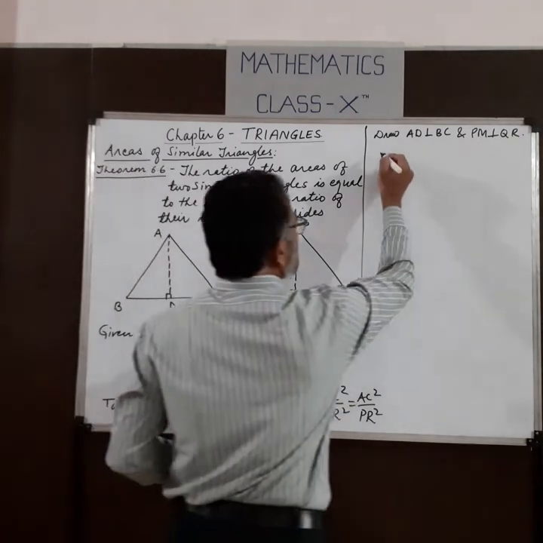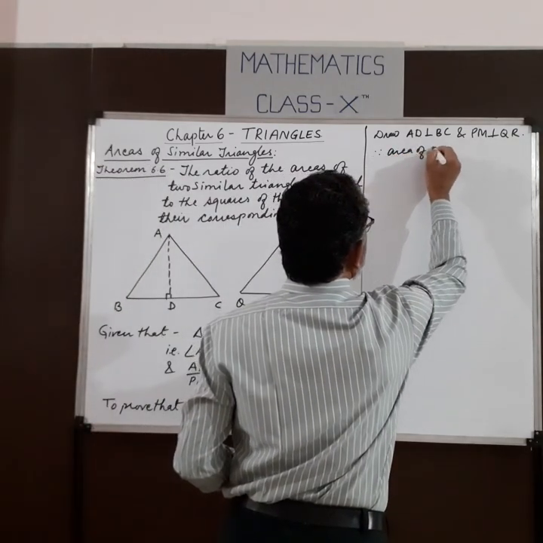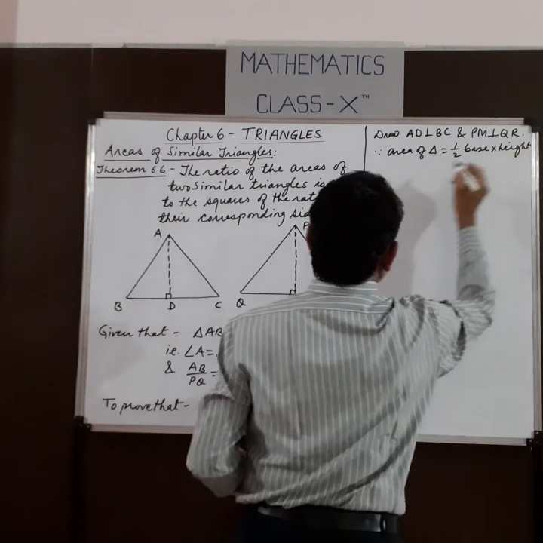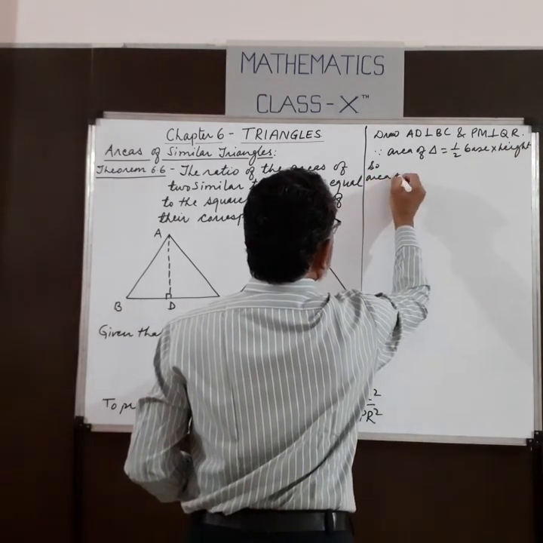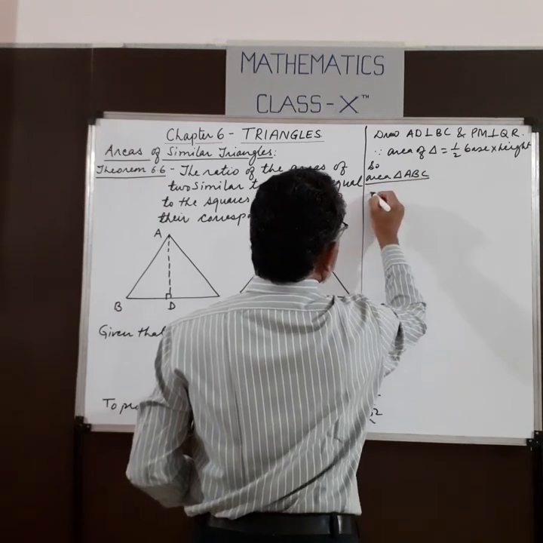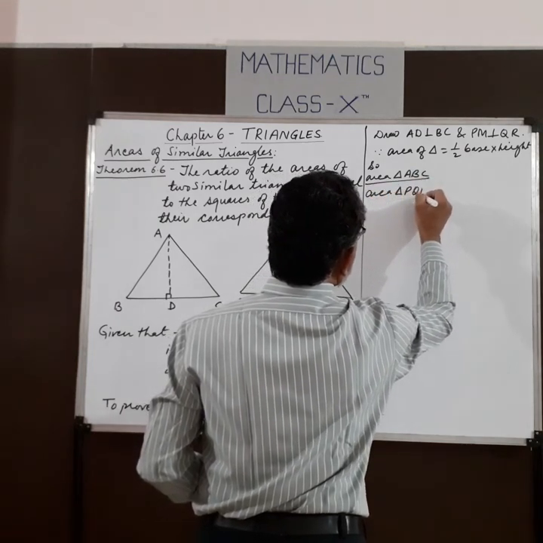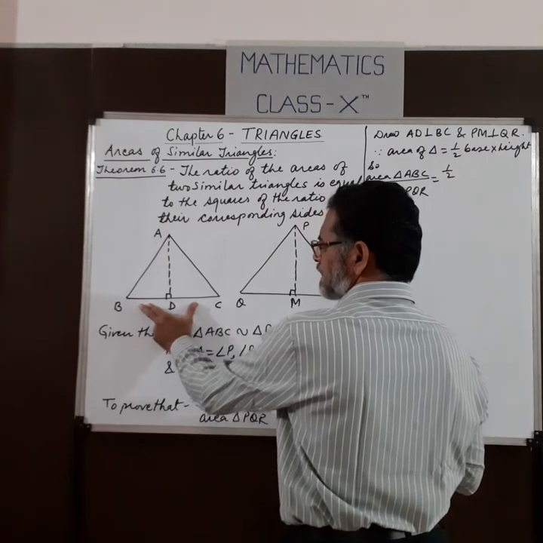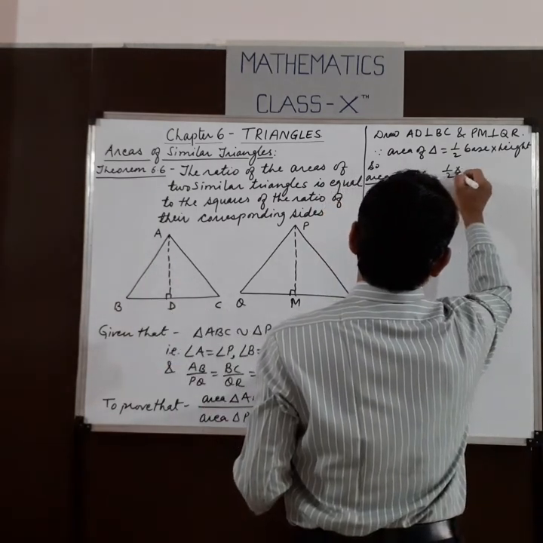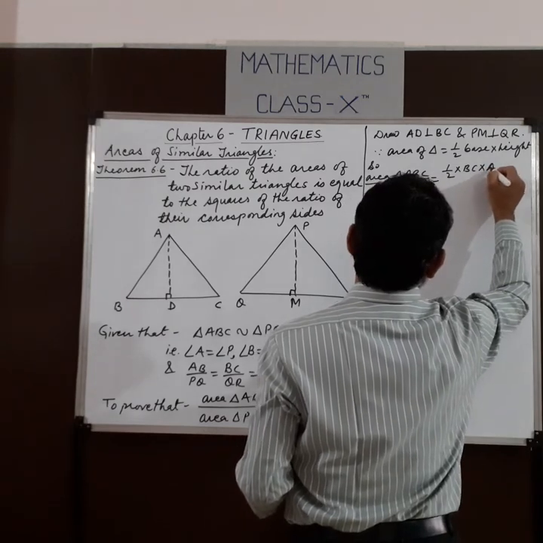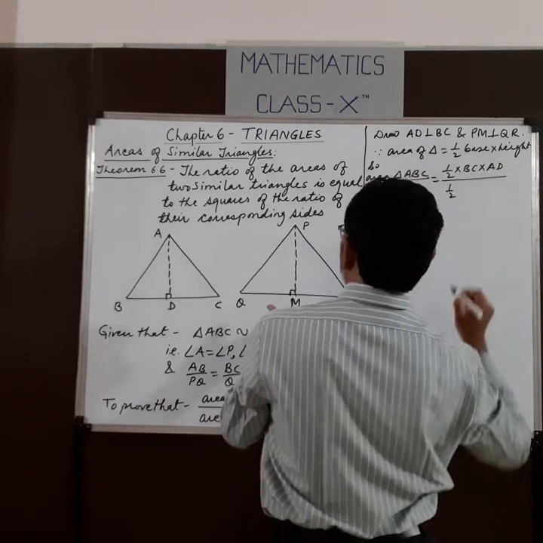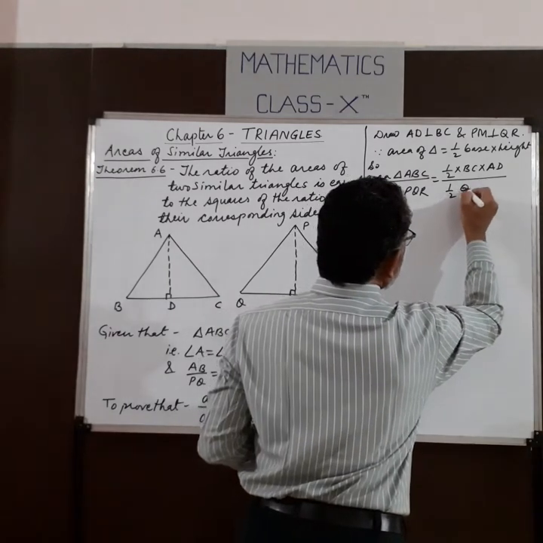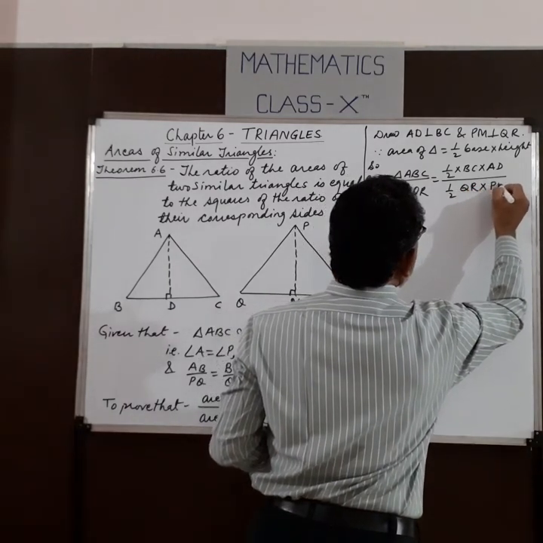Now since area of a triangle is half base into height, area of triangle ABC upon area of triangle PQR is half, and in triangle ABC, BC is the base so AD becomes the height, so half BC into AD, upon half, and in triangle PQR, QR is the base so PM will be the height, so QR into PM.